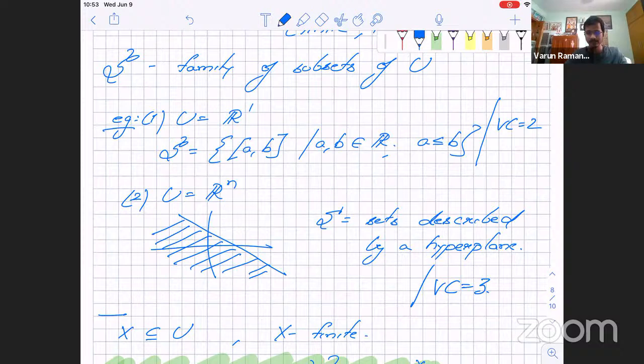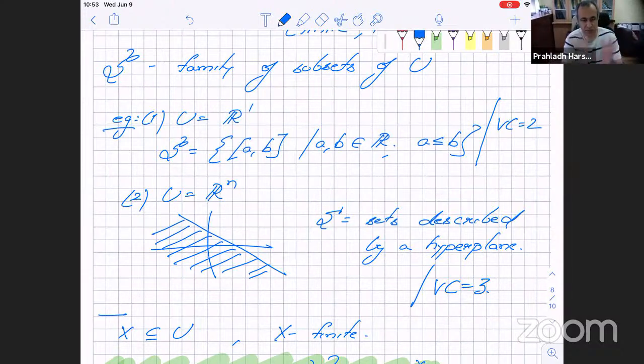So let's go over this definition a bit carefully again. VC dimension depends on a set system. A set system shatters a particular set if, when you intersect that set with the set system, you get all possible subsets of that set.